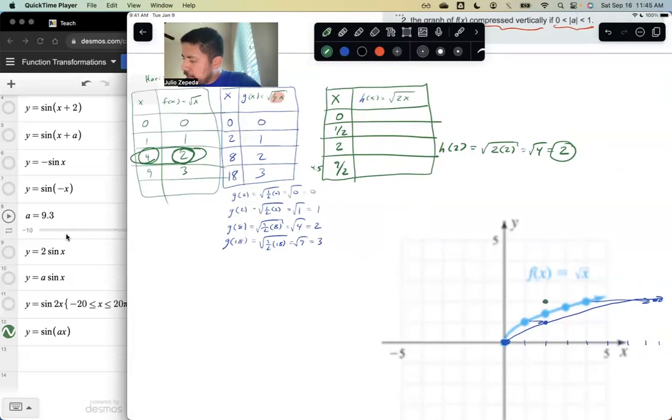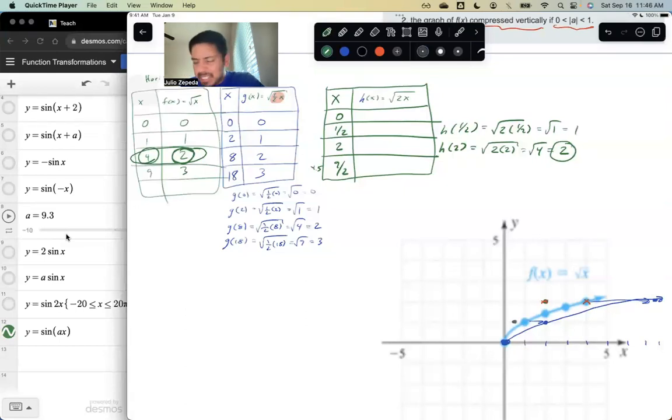Here we go. And so notice these 2 points, I'll mark them with a red X, correspond to each other. It just occurred half as quickly, or twice as quickly, however you want to call that. And then let's go ahead and do the others. h of 1/2, an x value of 1/2 is now going to give me the square root of 2 times 1/2, which is the square root of 1, or just 1. And so I get 1/2 comma 1.